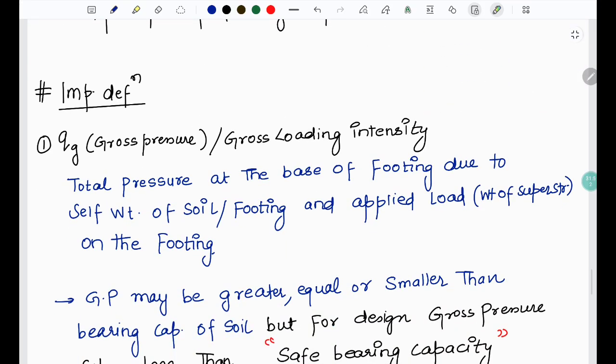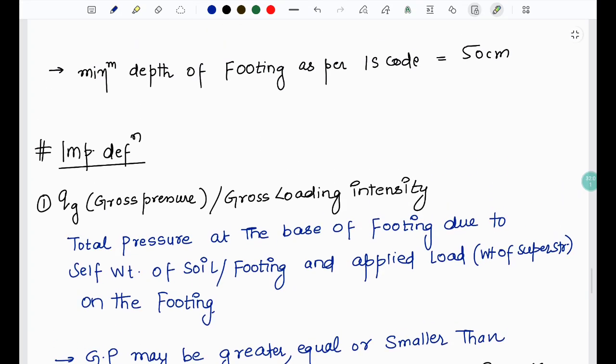Now comes the terms related to bearing capacity. We'll see it. First one is gross pressure intensity. Gross pressure intensity is the pressure at the base of the footing due to the self weight of the footing, the applied load that is coming from the superstructure, and the soil surcharge above it.